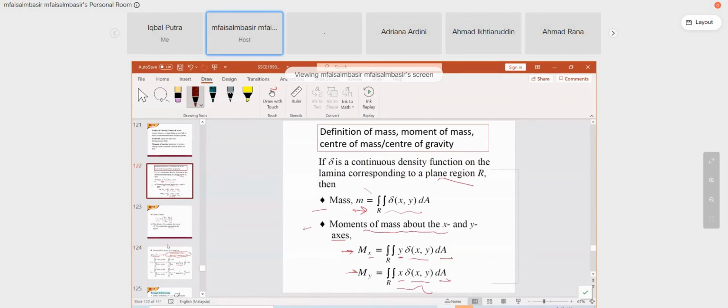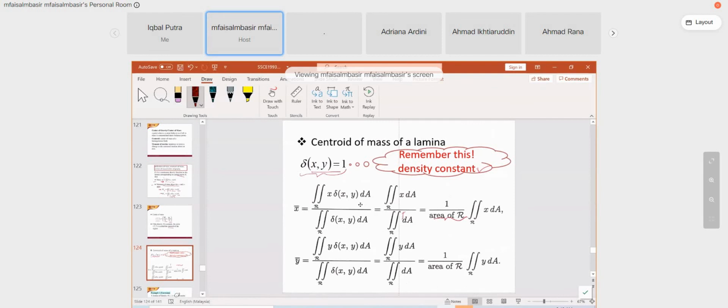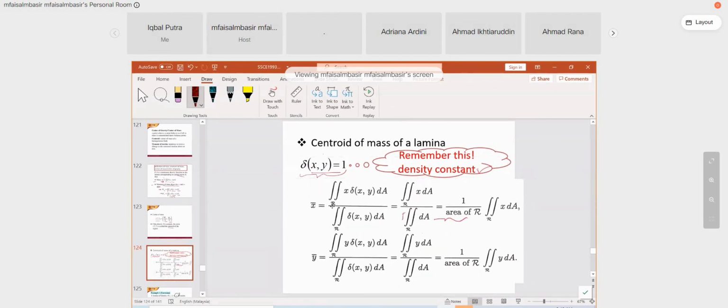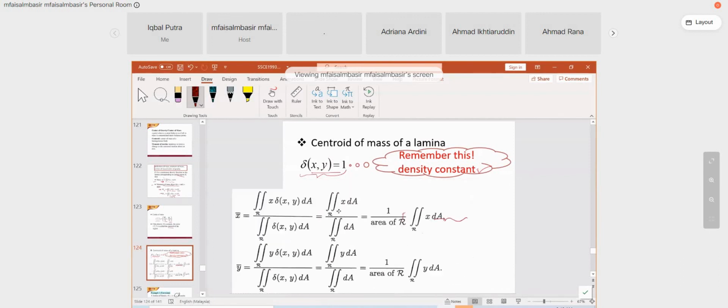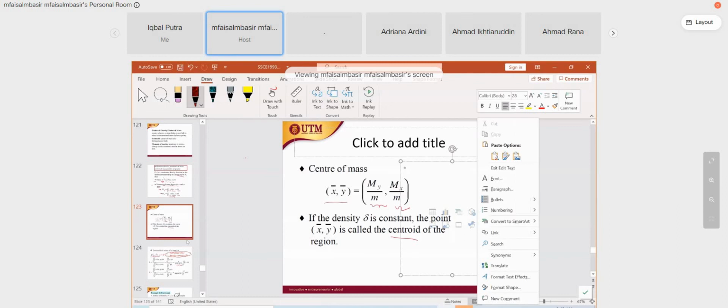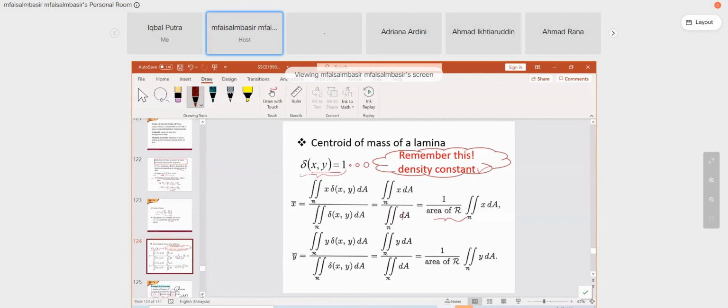Mx is this, and m here. So the bottom part will always be the same. If density is constant, we can cancel it, just like this. Okay, this is the formula.